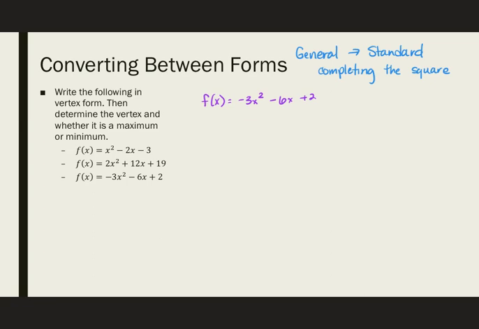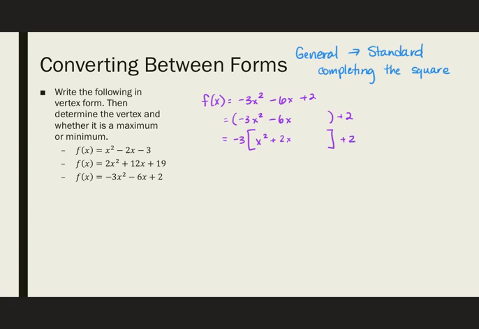We're going to move that 2 to the side. So I've got negative 3x squared minus 6x plus 2. And then we're going to factor out that negative 3. So I've got x squared plus 2x plus 2.